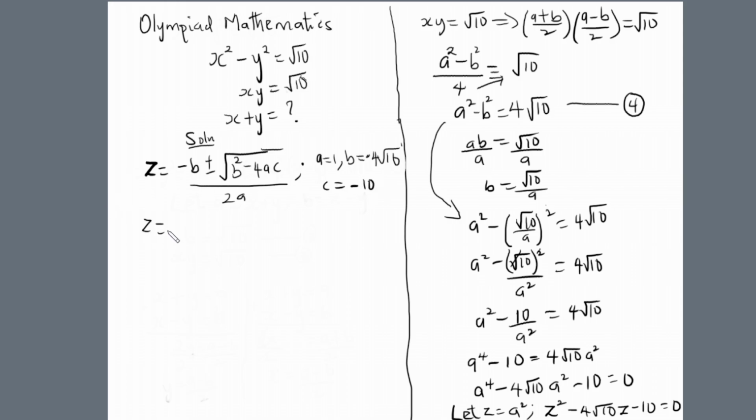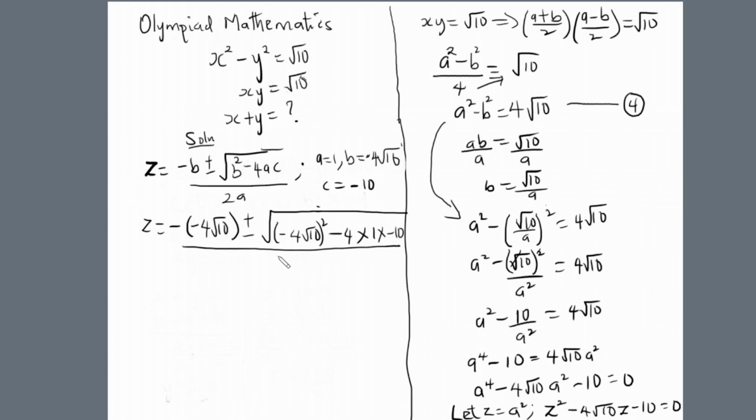So our z will be equal to minus b, which is minus minus 4 root 10, plus or minus the square root of b squared, which is minus 4 root 10 squared, minus 4ac, which is minus 4 times a, 1, times c, minus 10, all over 2a, 2 times 1.